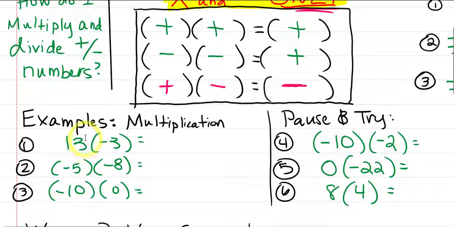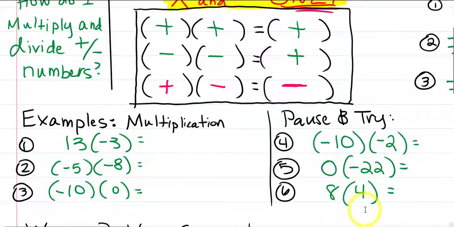Notice that there's no plus or minus in between. There's just the 13 and then the parentheses for the negative 3. That's multiplication. Sometimes you'll see them both inside of parentheses with nothing in between. It's parenthesis against parentheses. That's multiplication as well.